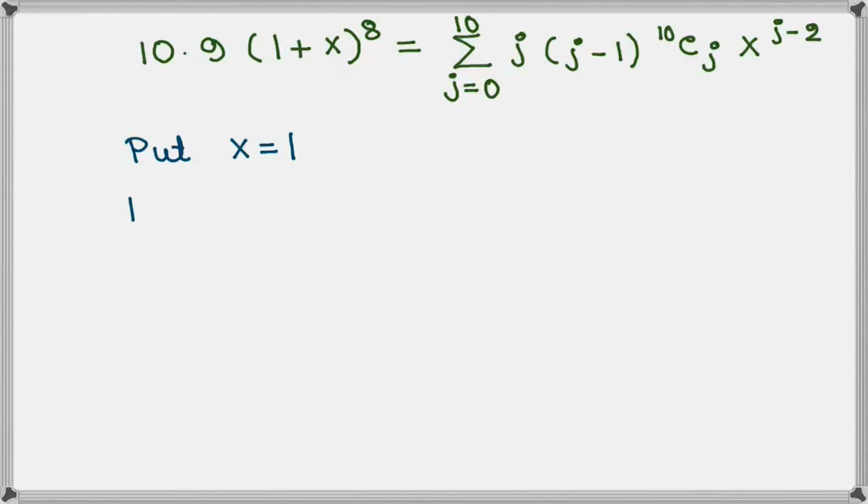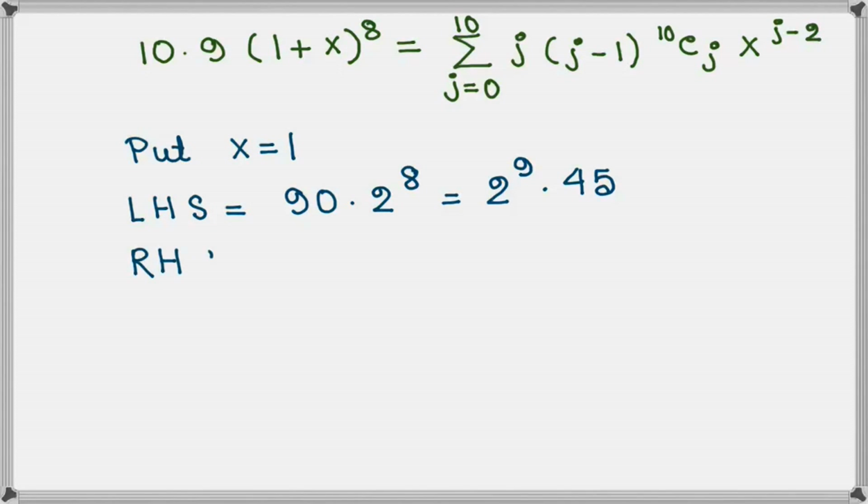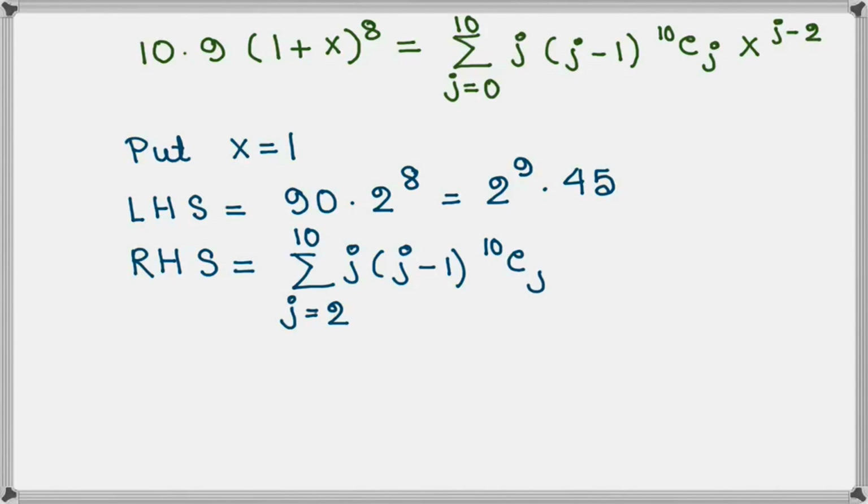We get LHS is equal to 90 into 2^8, which we write as 2^9 into 45, and RHS is equal to the sum from j = 2 up to 10 of j (j - 1) 10Cj.